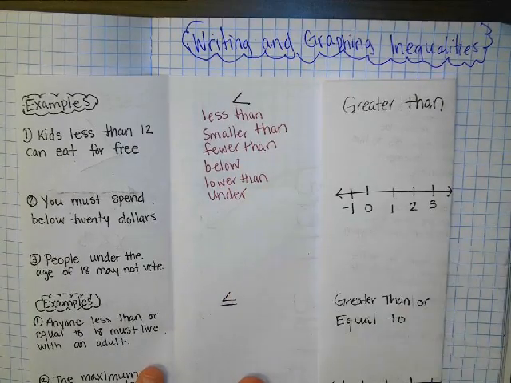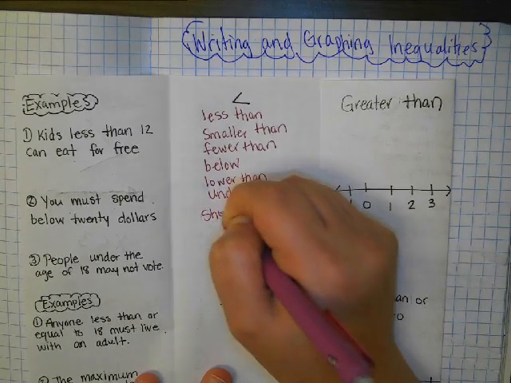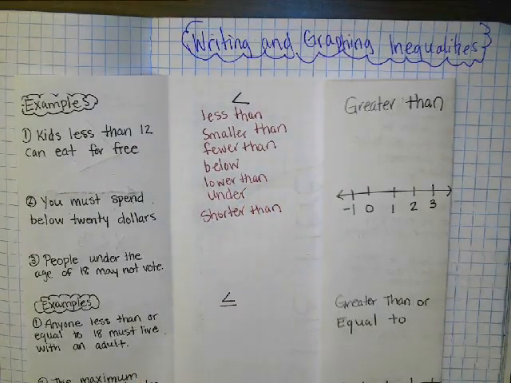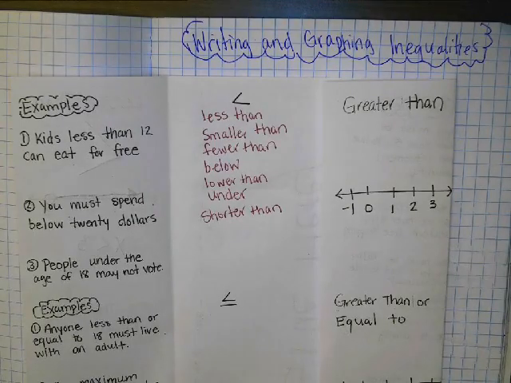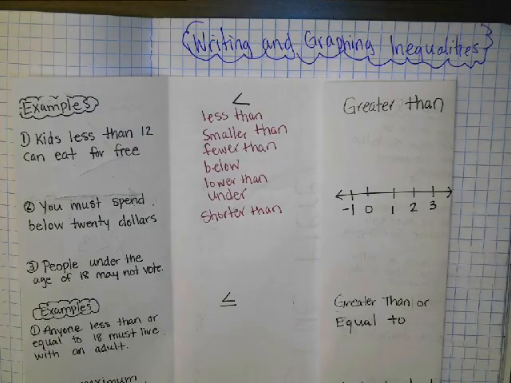You can spend under $10. Shorter than. You must be shorter than 4 feet to ride the kiddie rides at Carowinds. So there are some of our keywords that are going to indicate that we have a less than symbol.